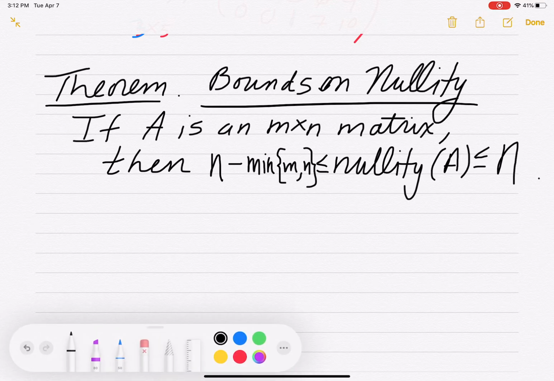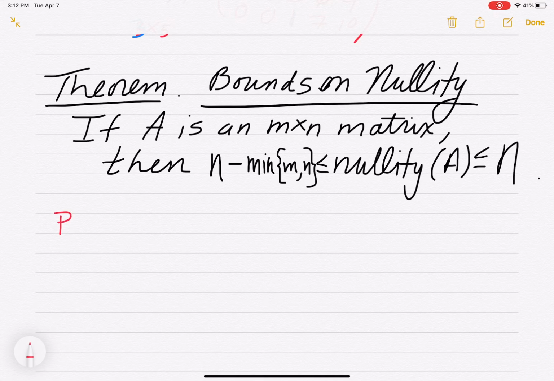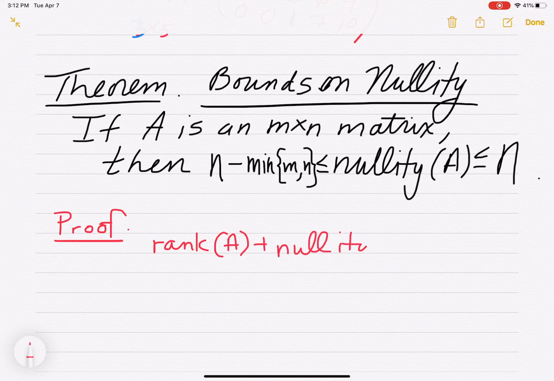Let's actually show why. Do a partial proof for the lower bound. So what do we know? Rank, that's the number of pivot columns, plus nullity, that's the number of non-pivot columns, has to add up to the total number of columns, n.